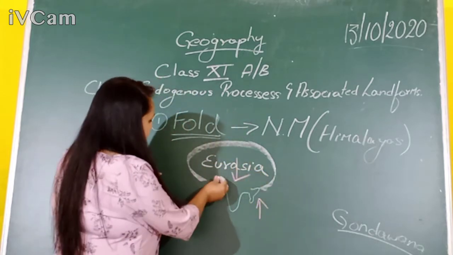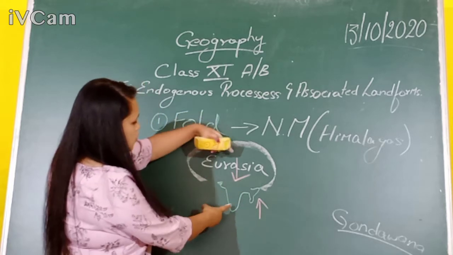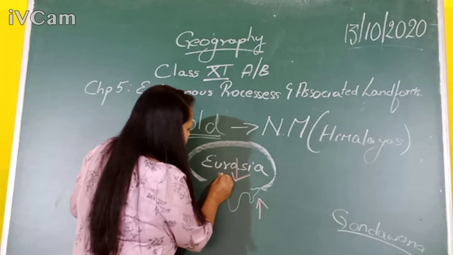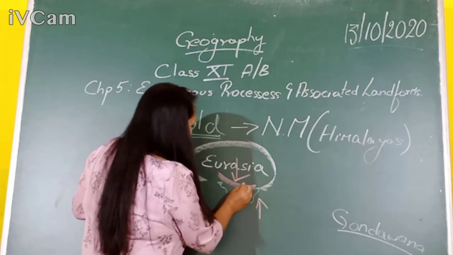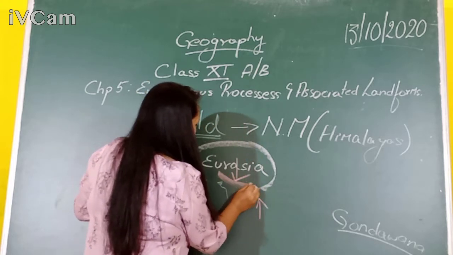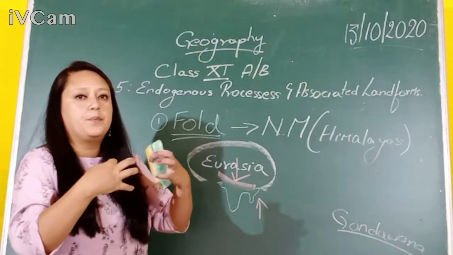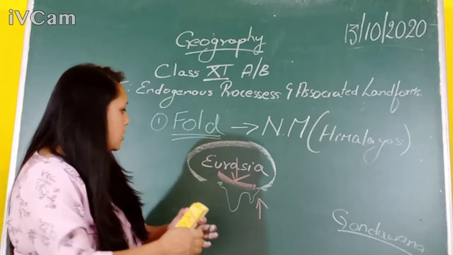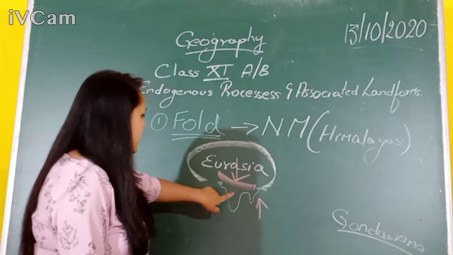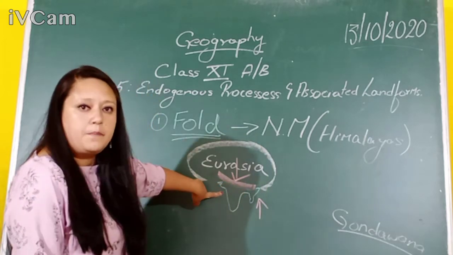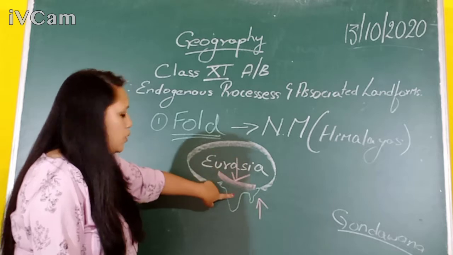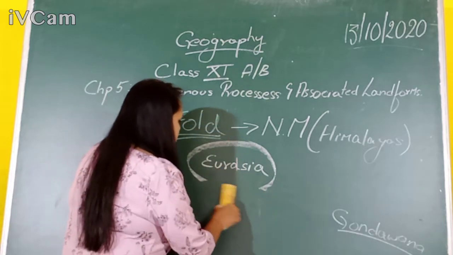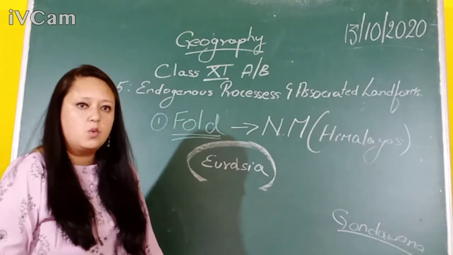Because of two great landmasses clashing against each other, this part of the land started compressing, or started folding. Folding occurred on this part of the land because of the compression force from both sides. So that is how the Himalayas were formed.